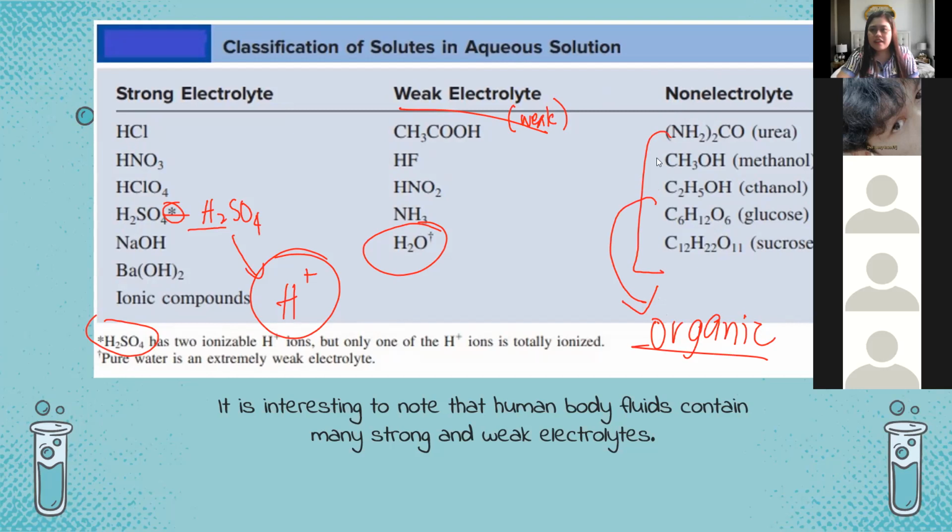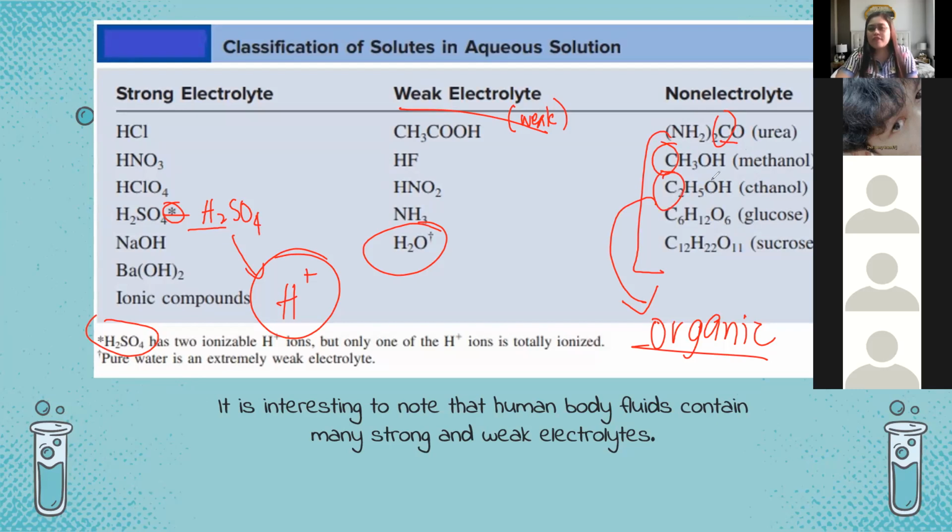Carbon containing po. Okay, very good. Carbon containing. Our substances here contain carbon. So like urea, you have carbon there for urea. Methanol, that is one type of an alcohol, so you have carbon. Ethanol, that's another type of alcohol na pinakaginagamit natin as disinfectant and antiseptic.